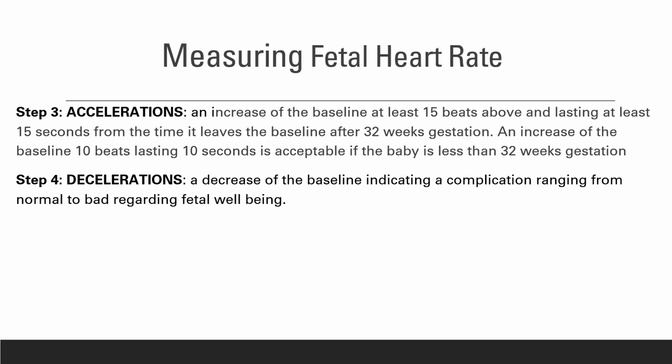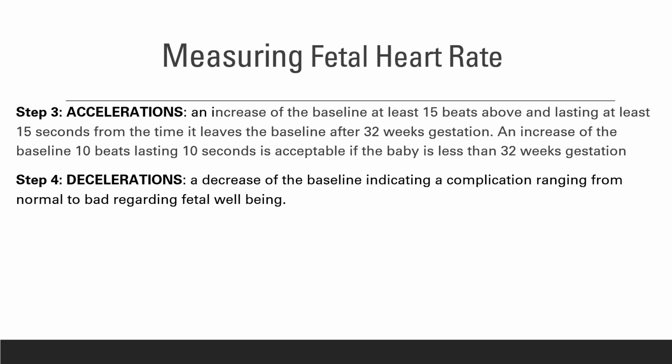Accelerations is the third step. You need to determine if there's any positive or negative accelerations. Acceleration is an increase of the fetal heart rate from the baseline to at least 15 beats above the baseline for at least 15 seconds long. And this is for babies that are 32 weeks gestation or above.